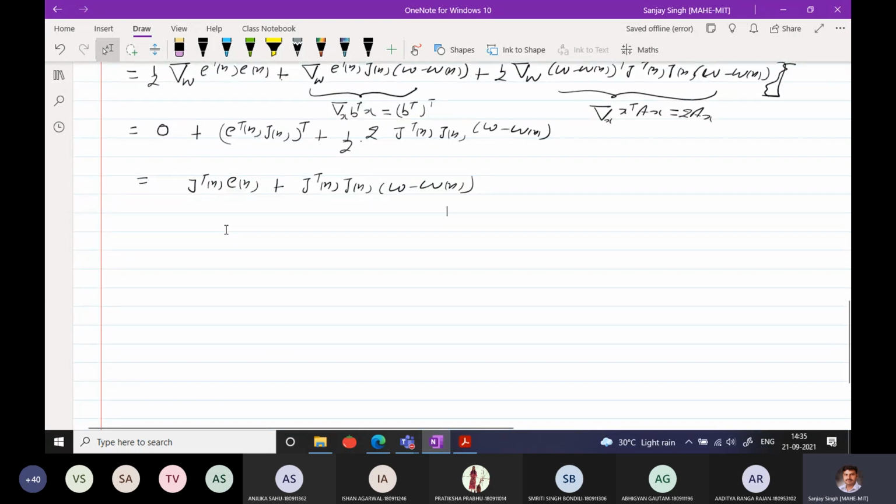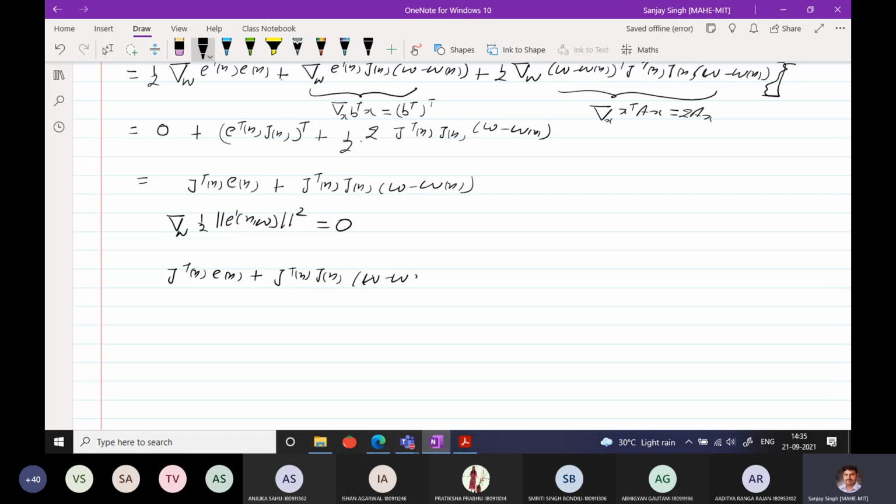We have to equate it to 0, and only then will we be able to find the value at the saddle points. So in order to find a saddle point, you have to set this 1 by 2 E prime of W equal to 0, meaning this has to be equated to 0. So J_n^T E_n plus J_n^T J_n (W minus W_n) equals 0.